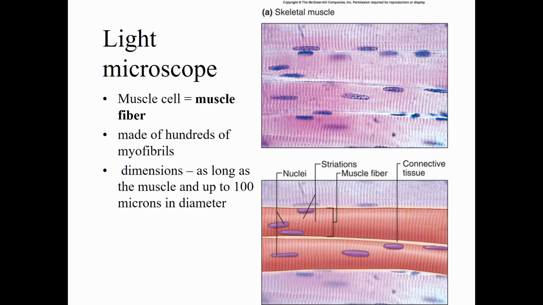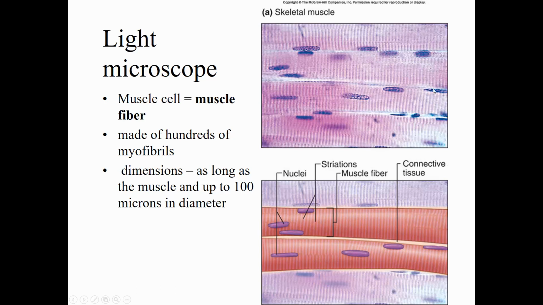So if we look at muscle under the light microscope, we have a cartoon down here, and here's a light microscope. You see this is the edge of a fiber, that's the edge of the fiber, and you see these beautiful striations. So skeletal muscle is called striated muscle. You also see that a muscle fiber, which is the same thing as a muscle cell, is multinucleated.